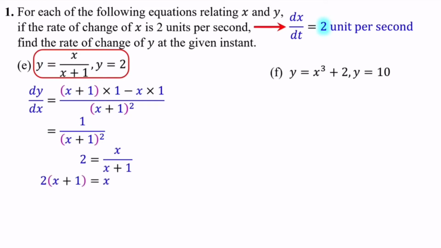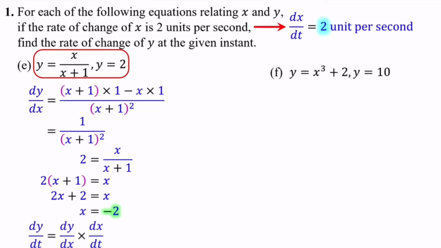So after we solve, we have 2x plus 2 equal to x. That means the x value can be found, right? So now we solve the x, and then we can use the x to substitute into the dy dx, which is 1 over x plus 1 squared.